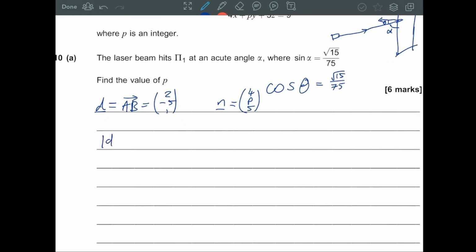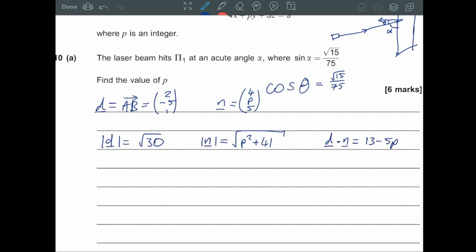We need the modulus of D. 4 plus 25 plus 1 is root 30. The modulus of the normal is root of p squared plus 41. And we need D dot N, which is going to be 13 minus 5p.